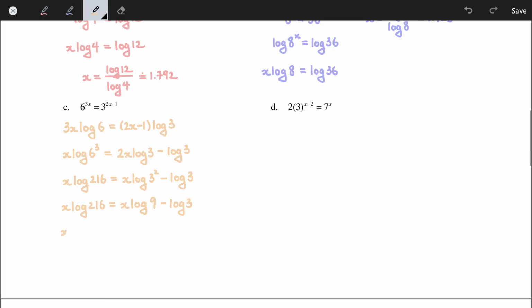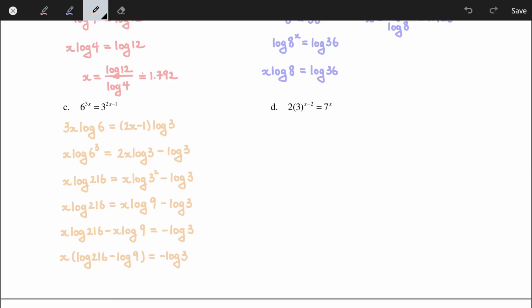So we have something that looks like this. x log 216 minus x log 9 is equal to negative log 3. So notice that the two terms on the left-hand side have a common factor of x, so we can factor that out. We have x, and then in parentheses, log 216 minus log 9, and that's equal to negative log 3.